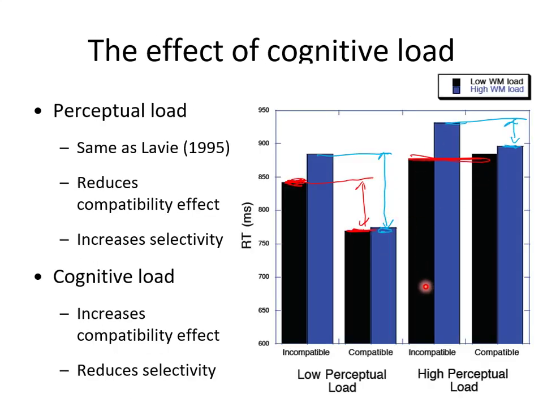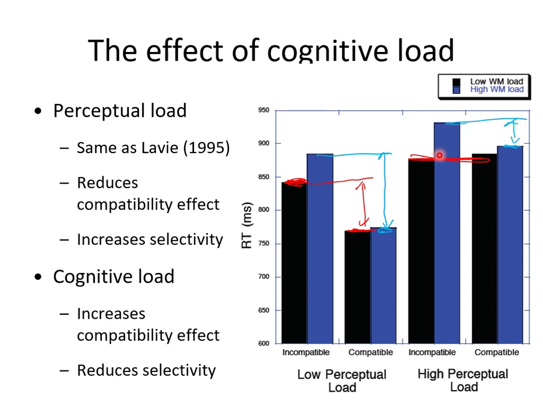So what about in the right panel? What about for the right two bars? Okay. Then we do it again. For the low working memory load condition, basically the compatibility effect is very close to zero, slightly negative. For the high working memory load condition, you still have some compatibility effect.